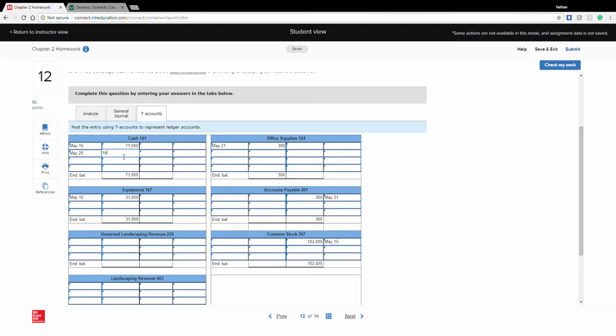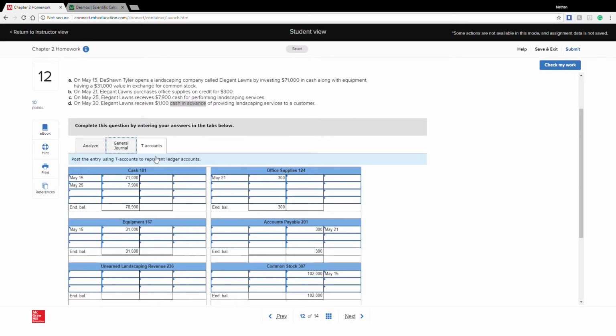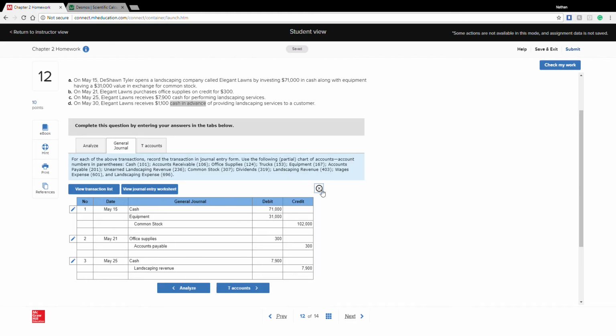We receive the 7,900. Again, Nose Connect is already doing the math for you, so you don't have to really worry too much about that. Here, we see on the 25th, needs to go over here, 7,900. And then go to journal entry.